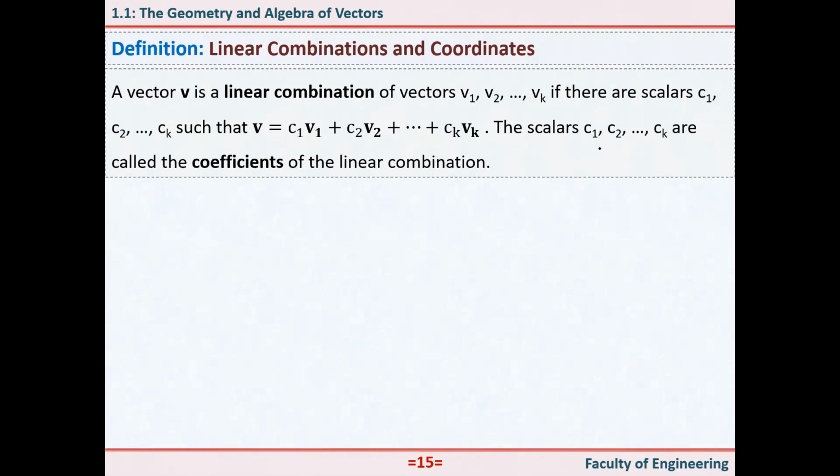So the scalars C1, C2, and Ck are called the coefficients of the linear combination. It's a very simple concept, simple definition, but since it's linear algebra, we are going to use this a lot.